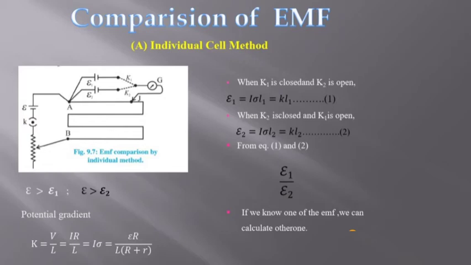Equation 1 is divided by equation 2. At that time we get E1 by E2 equals L1 by L2. From this equation we can compare the EMFs of two cells. If any one EMF is known, the other can be determined.